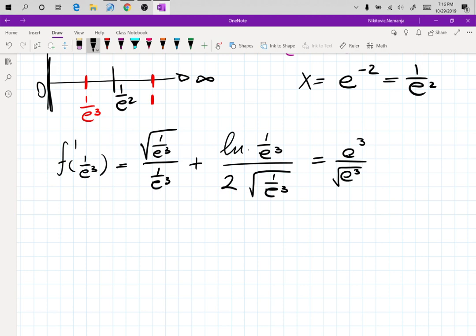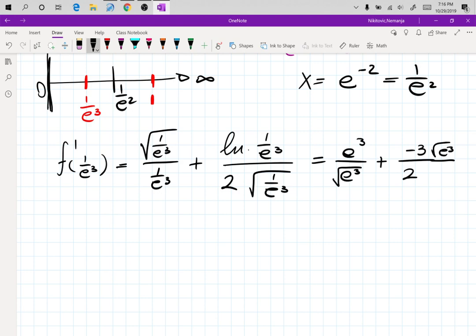So multiply two that are close by, multiply two that are far apart, all that good stuff. Now we have a plus. e to the negative 3, so it's just going to work out to be negative 3 divided by 2, and then root e cubed will go up because it was in the denominator. Okay, great.